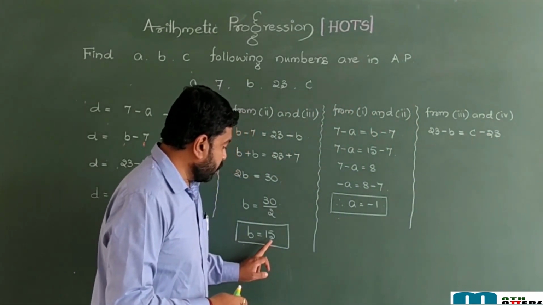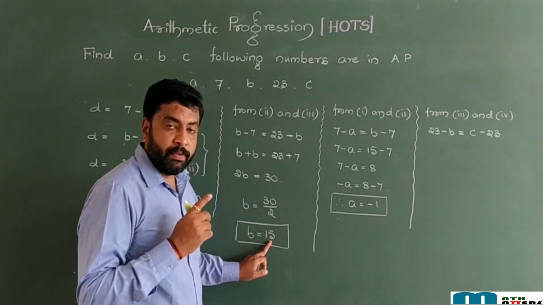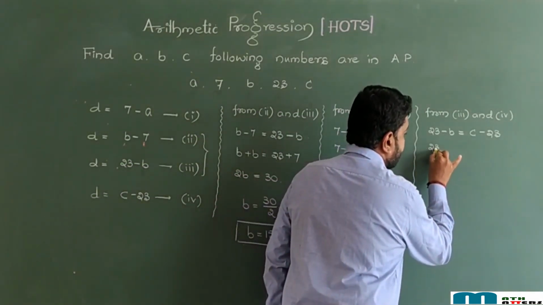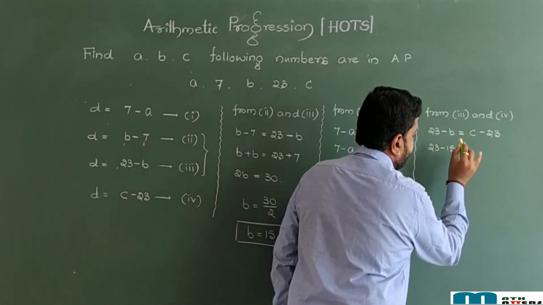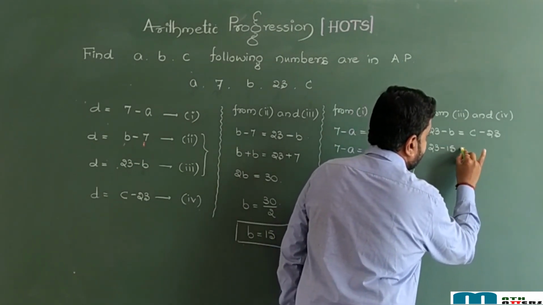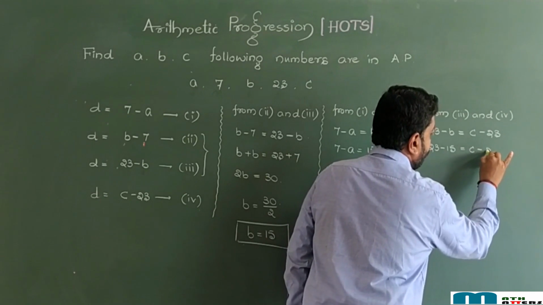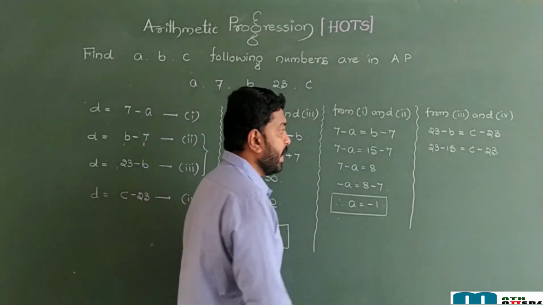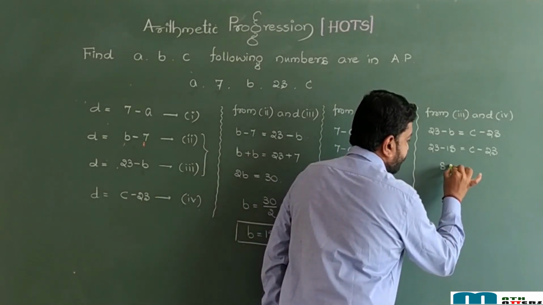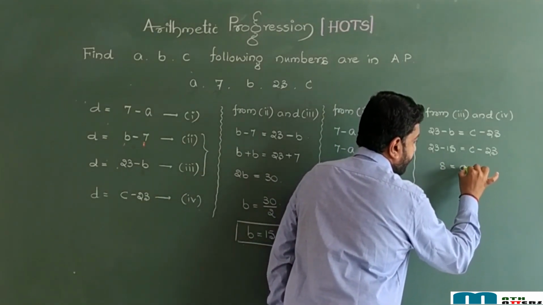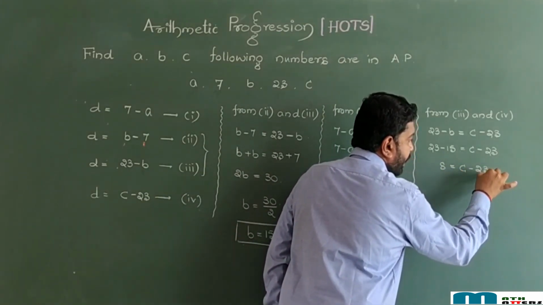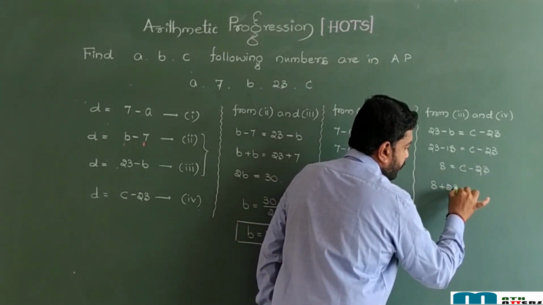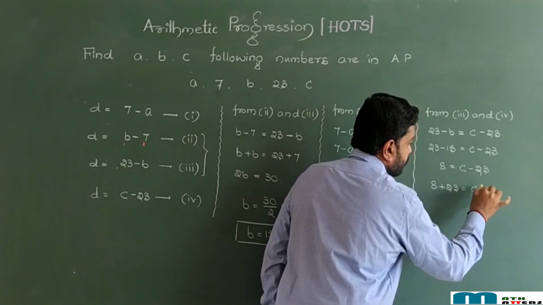Substitution: I got the value of b as 15. Substitute that. 23 minus 15 is equal to c minus 23. This is 8. 8 is equal to c minus 23. I can shift this 23. 8 plus 23 is equal to c.